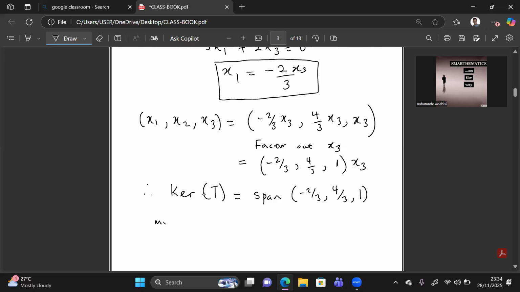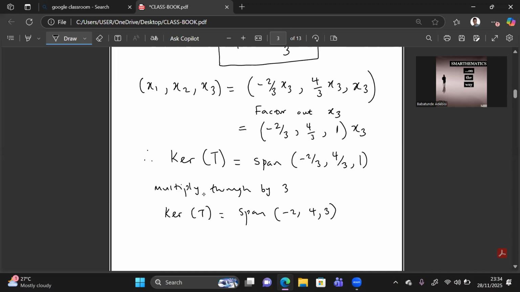So multiply through by 3. Your kernel will look like this: span of -2, 4, and 3.